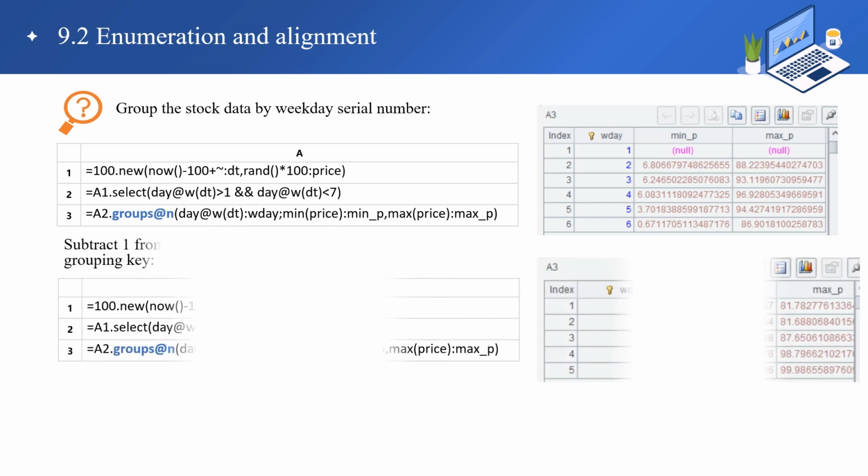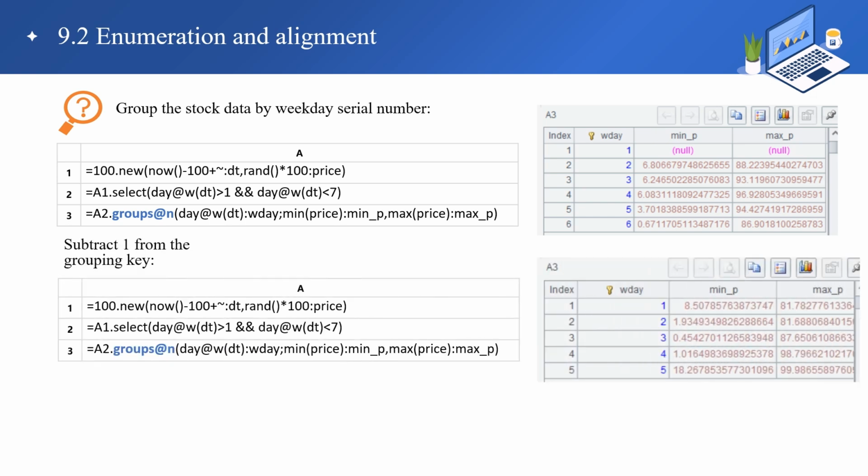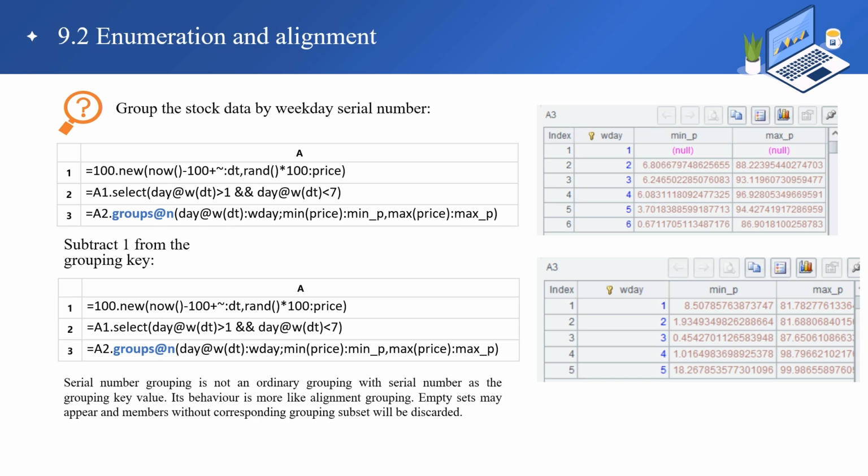We can also change this to subtract 1 from the grouping key. Only Saturday data is filtered out in A2, and the grouping key value is subtracted by 1 when grouping in A3, thus the grouping key value of Sunday data will be calculated as 0 and discarded. A3 will calculate 5 records without Saturday data, the maximum is 5, and this is the same result as before. It can be seen from these two examples that serial number grouping is not an ordinary grouping with serial number as the grouping key value.